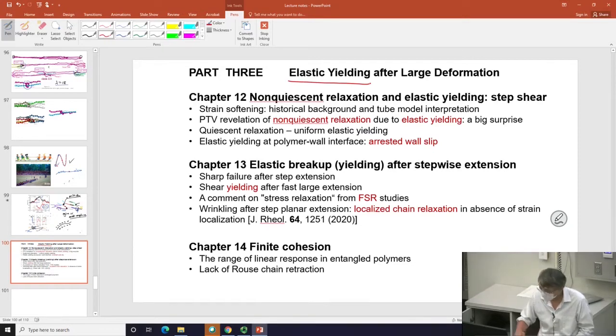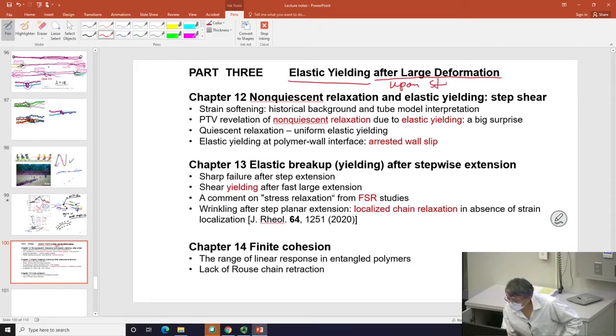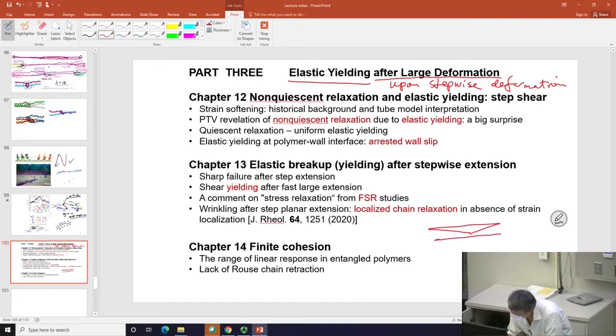Well, I guess even this doesn't really say what I really mean. It really means upon stepwise deformation. In other words, I spent some time complaining to you about the startup continuous deformation in both shear and extension.